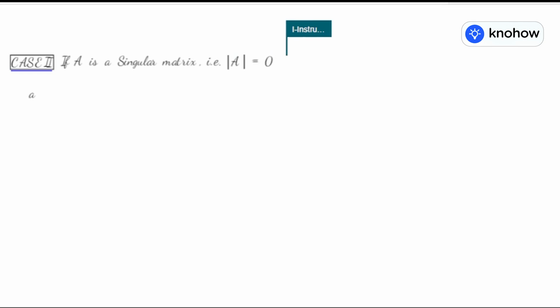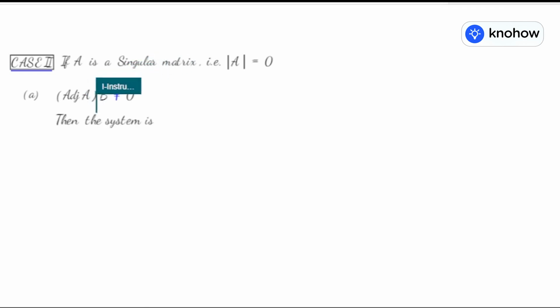Number 1, if determinant A is 0 and then we further work out adjoint A, of course A inverse does not exist, but still we can work out adjoint A, then find the value of adjoint A into B. What is B? The constant matrix. In case it is not equal to 0, we say the system is inconsistent and has no solution.